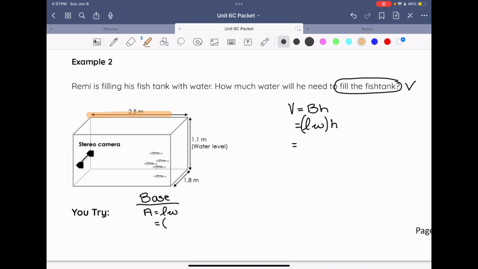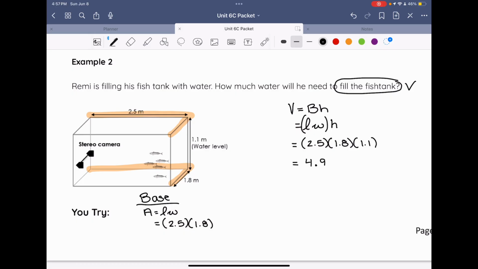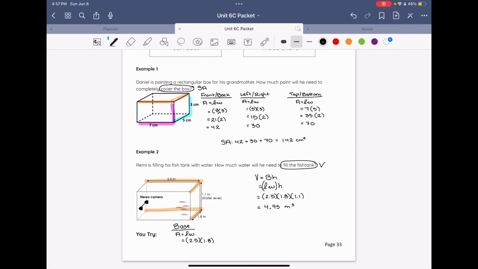So for me, I'm going to say that the base is right here, right? So 2.5 by 1.8. Then we multiply by our height, which is 1.1. I'm going to multiply all 3 of those numbers together. 4.95 meters cubed.